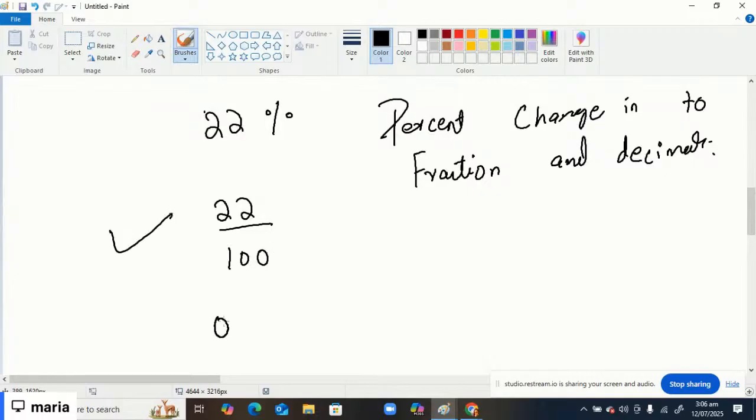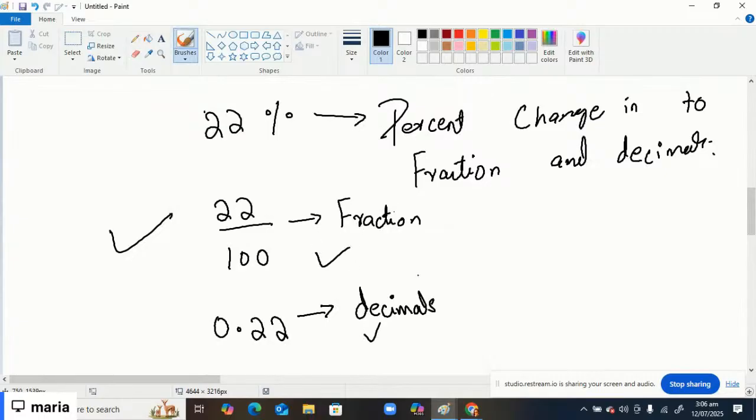Now 22 by 100, divide it, and the answer is 0.22. So this is the fraction and here is the decimal. Understand, this is your percent that can be changed into a fraction and decimals. This is the way that we do it.